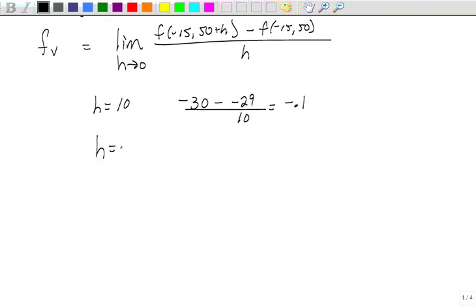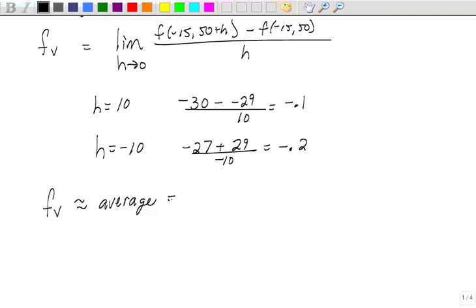And if I use -10, that's going to be f(-15, 40). That's going to be -0.2. So f_v, the average of those two, is -0.15.